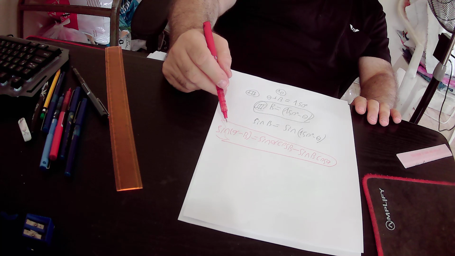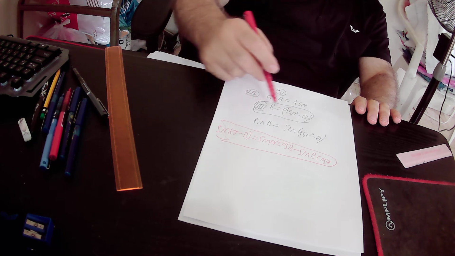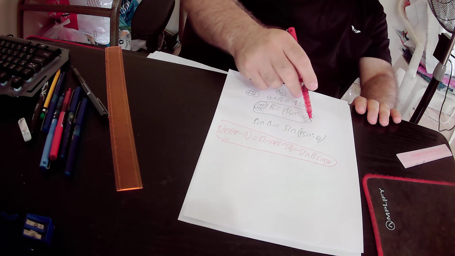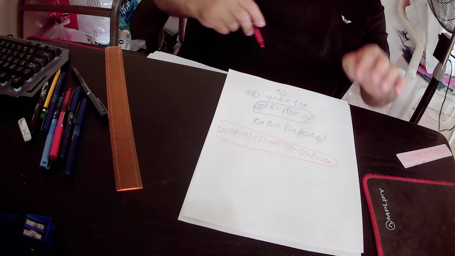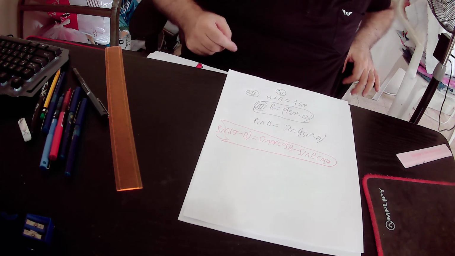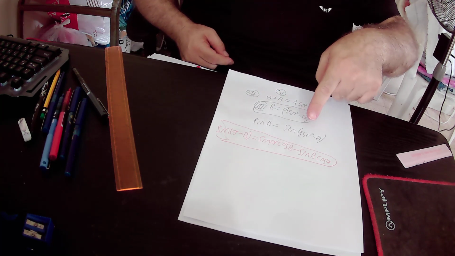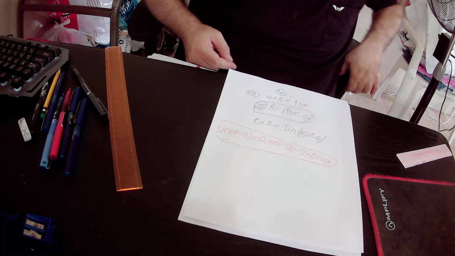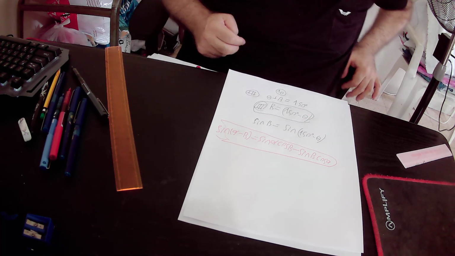So we'll use this identity in order to find out the value of sine of 150 degrees minus theta when alpha equals 150 degrees and beta equals theta.